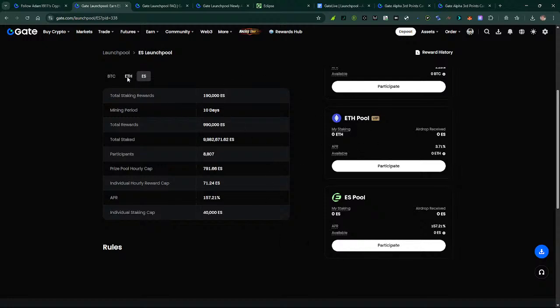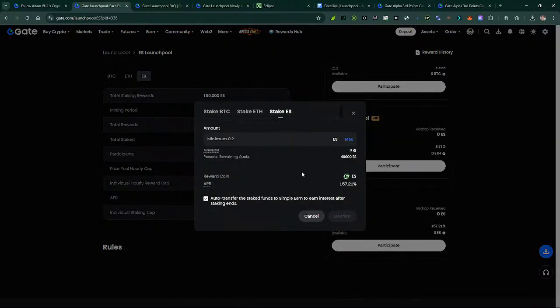When the reward coin is not the stake coin, we have pools like on Ethereum and Bitcoin. And at the ES pool, the reward coin is the staked coin. That is one of the amazing parts. Not that much though, but yet it is amazing to me.